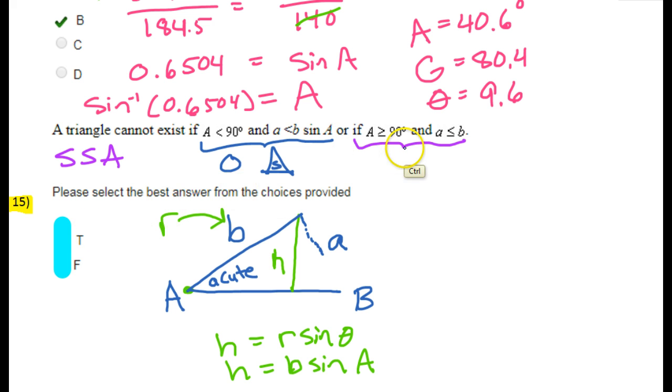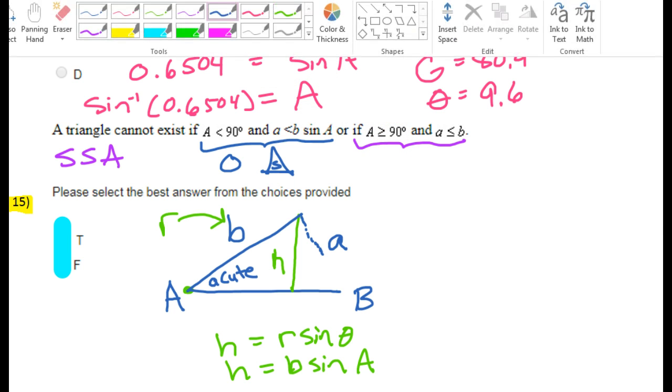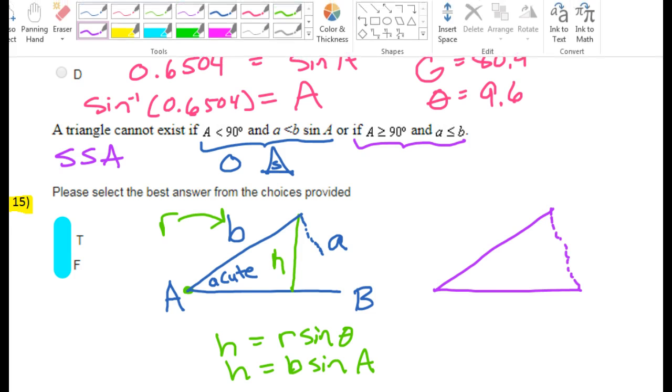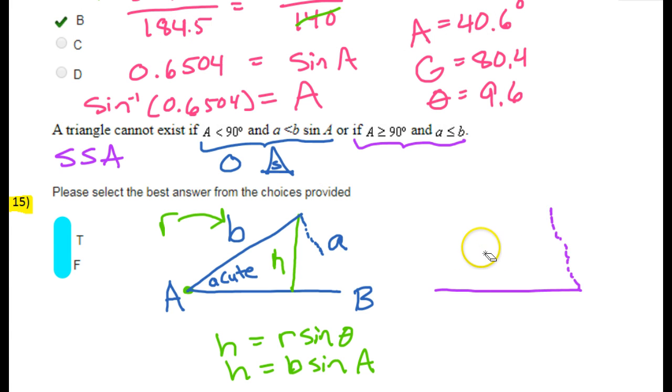But to stay true, this other statement also has to be zero triangles. So let's draw again, but I'll switch to purple. Same thing. This time they say angle A is greater than or equal to 90 degrees. So the way I have it drawn right now is no good.